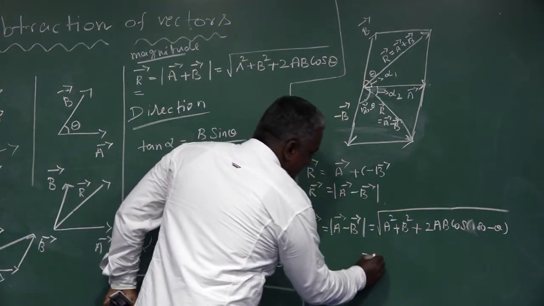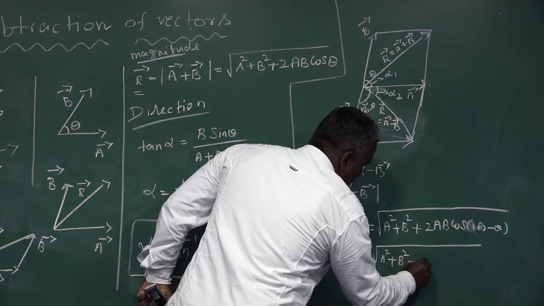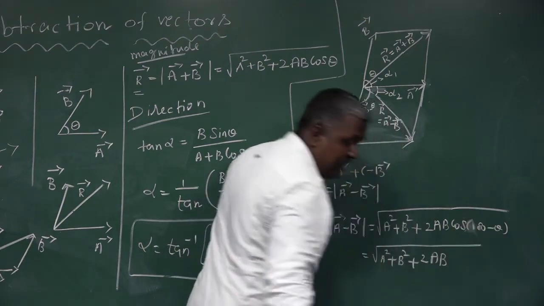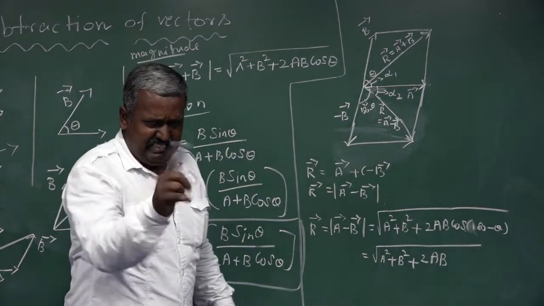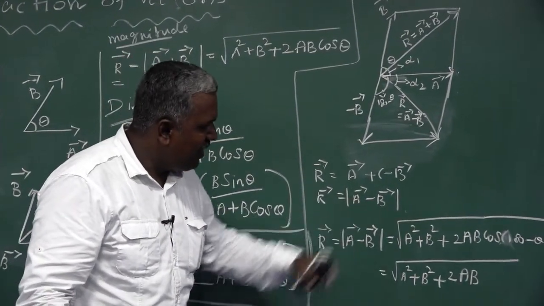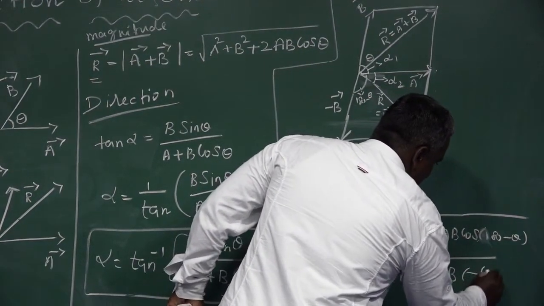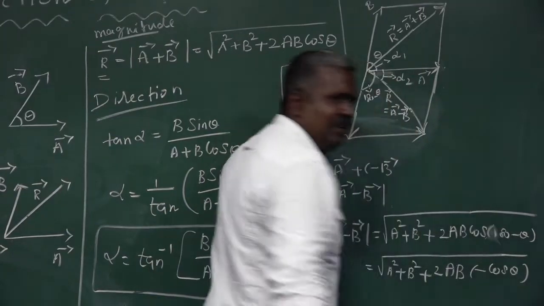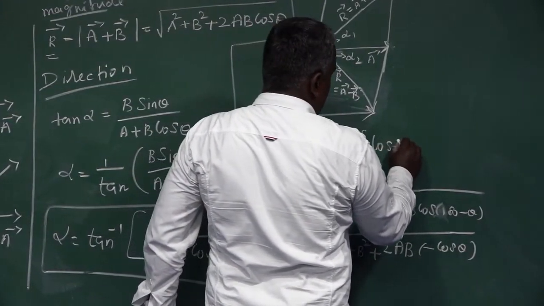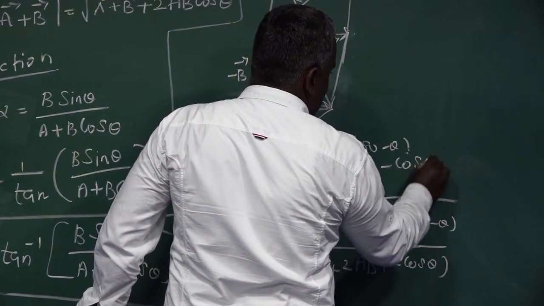So root of A square plus B square plus 2AB cos of 180 minus theta. Already you have studied this in trigonometry: cos 180 minus theta is equal to minus cos theta.